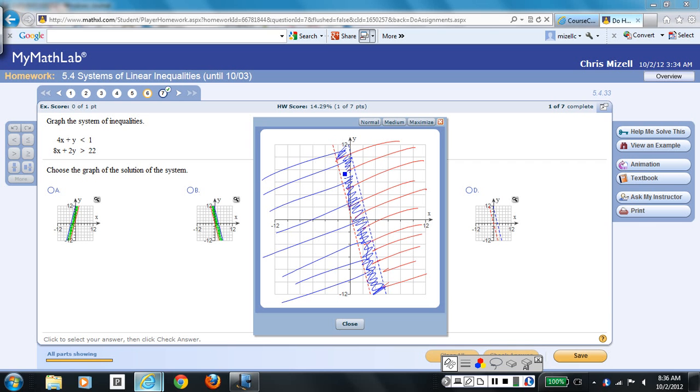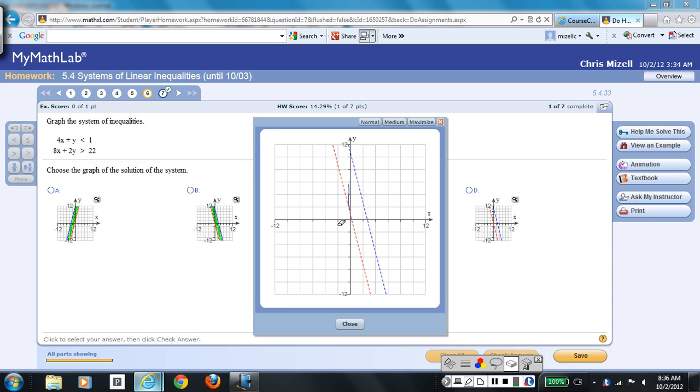But it might not end up being that. It could very well be, if we test red and it's everything above and to the right of the line, and we test blue and it's also everything above and to the right of the line, what would the solution region be in that case?